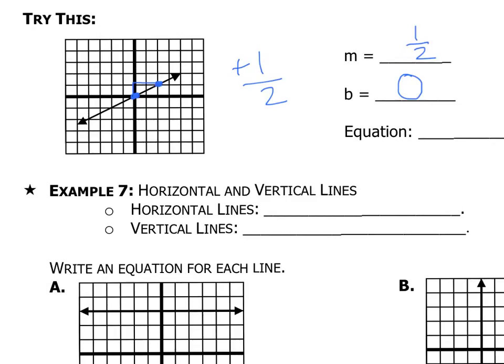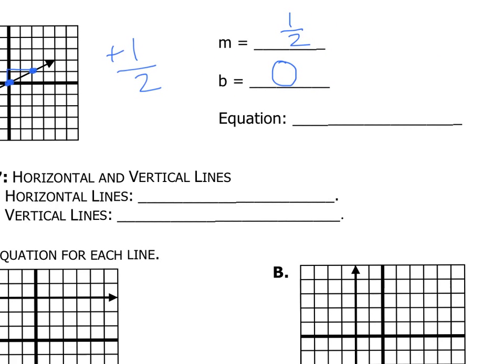And then from there, up 1 over 2. So when we go to write this, y equals mx plus b, which is 0. Now, we don't actually need to write plus 0, because that's just nothing. So you can actually just leave it like that.